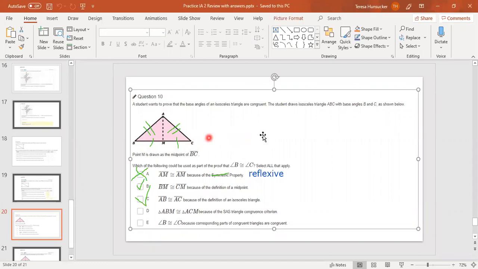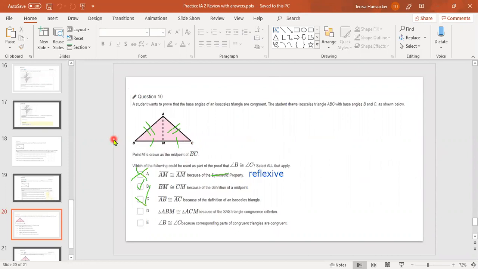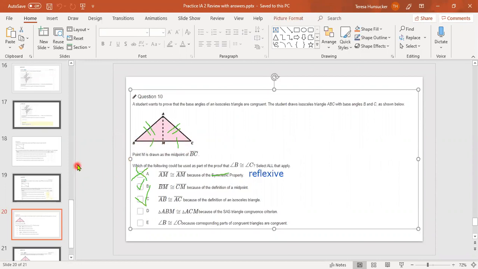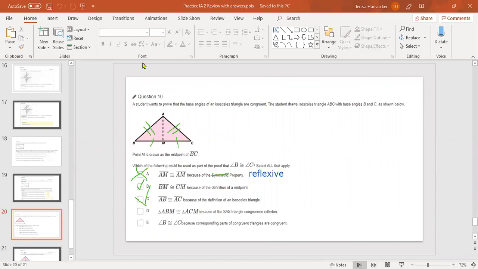So that would be the included angle we would need to prove these triangles congruent by side angle side. Remember, side angle side, the angle is formed by the two pairs of congruent sides. So that would be angles C and B, and that's what we're trying to prove. So that's going to be a no.